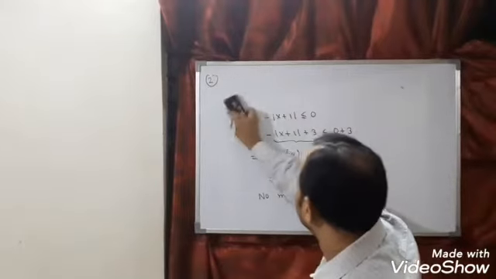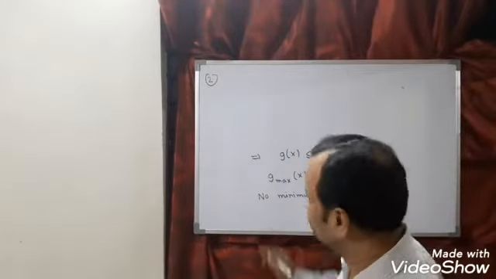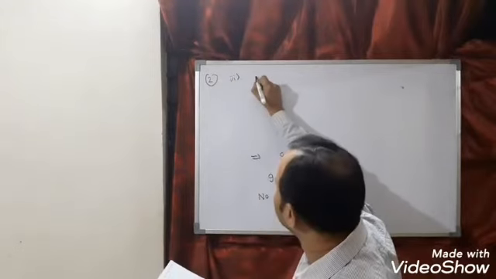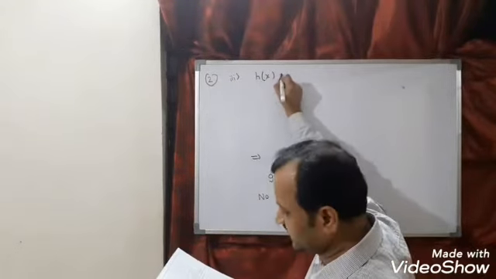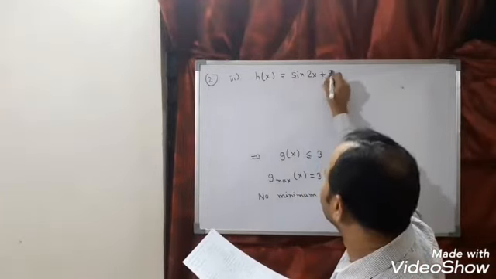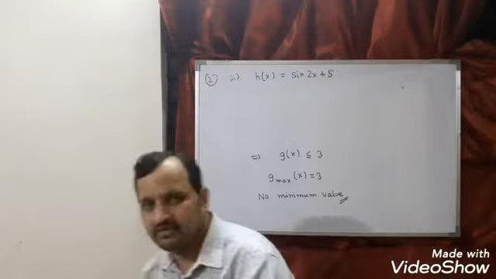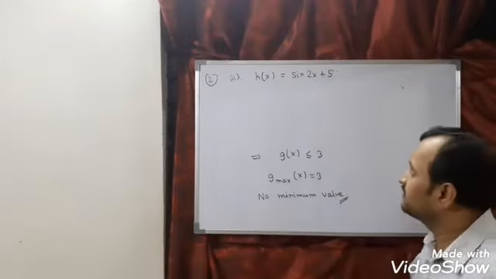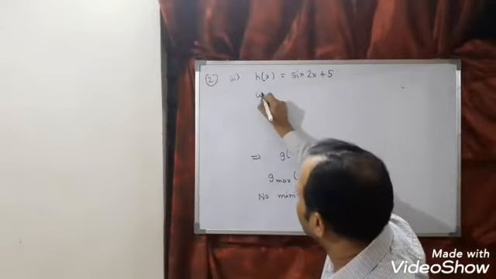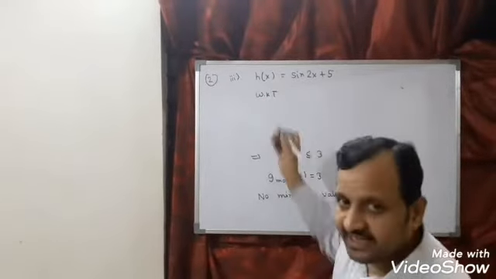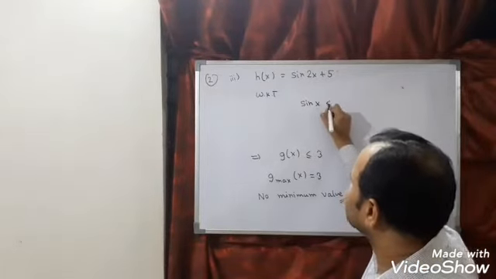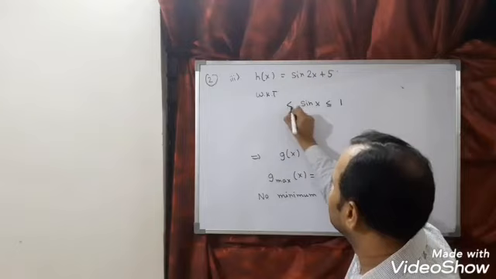This is bit number 3. And bit number 3 is h of x is equal to sin 2x plus 5. We have to find the maximum and minimum value of this. Now remember one point. We know that, tell me, sin x lies in what interval? Sin x always lies between -1 to 1.